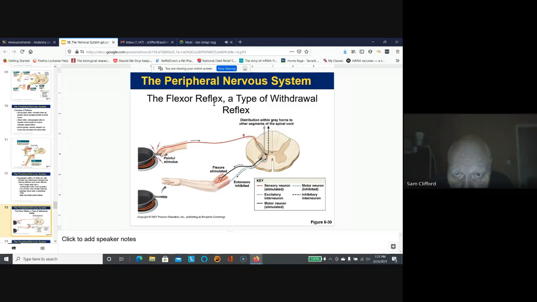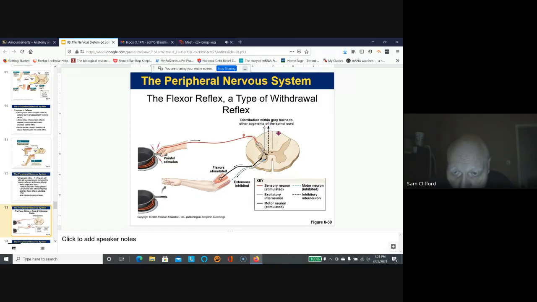So here's the flexor reflex. Again, it involves a sensory neuron, an associative neuron, and a motor neuron. And if it takes care, your body takes care of the danger immediately and then sends information through ascending pathways and descending pathways.